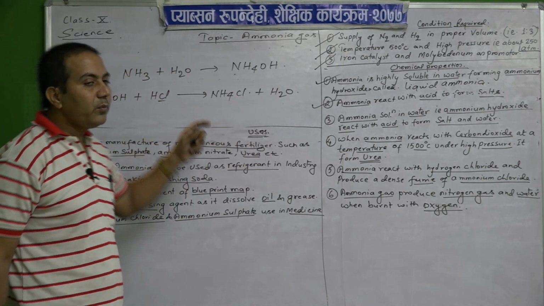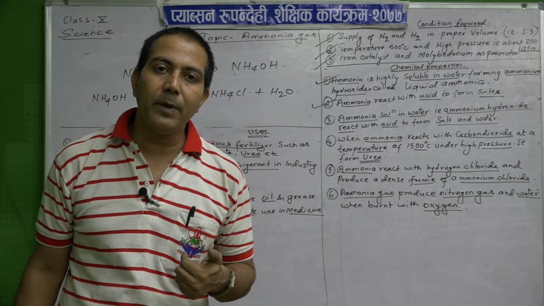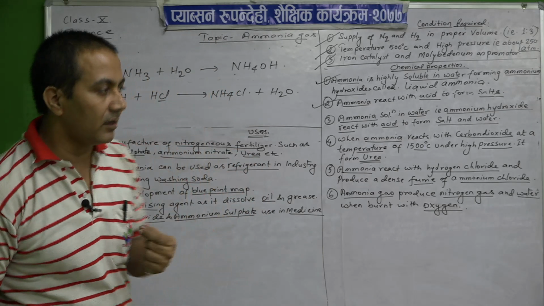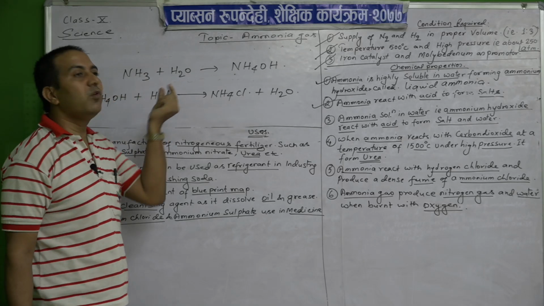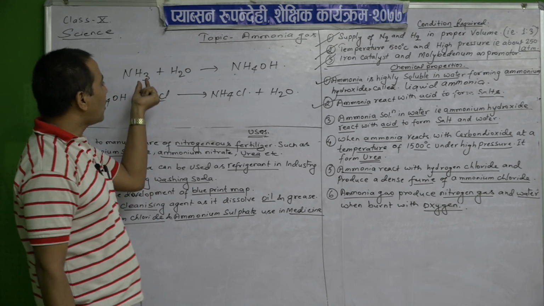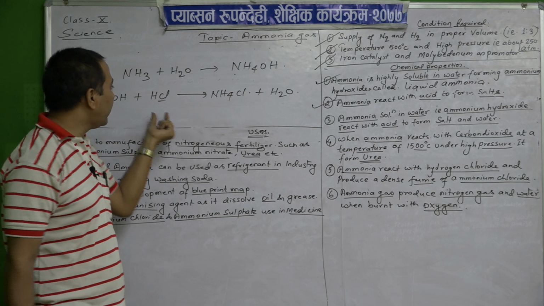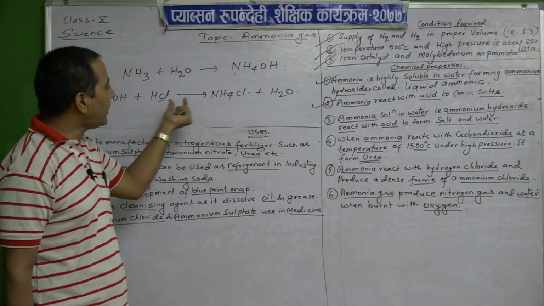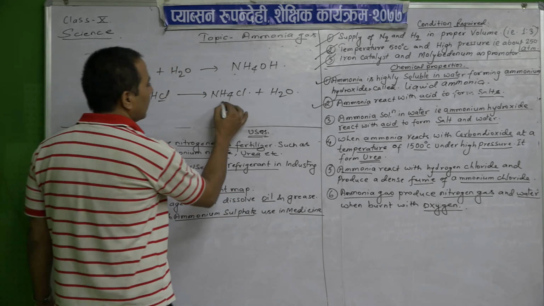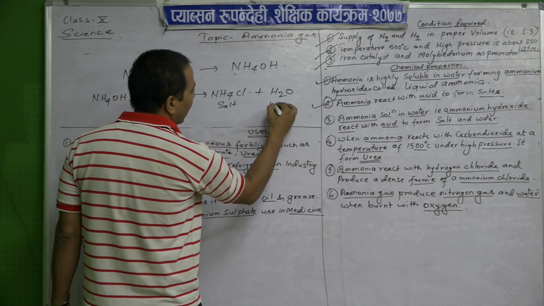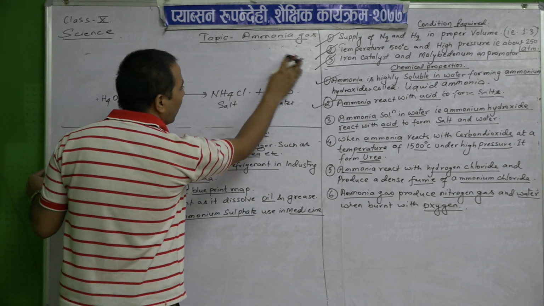Okay. When ammonia reacts with HCl, it only forms salt, isn't it? When ammonia reacts with acid, it forms salt, and when ammonia solution, meaning ammonium hydroxide, reacts with acid, then it forms salt and water.